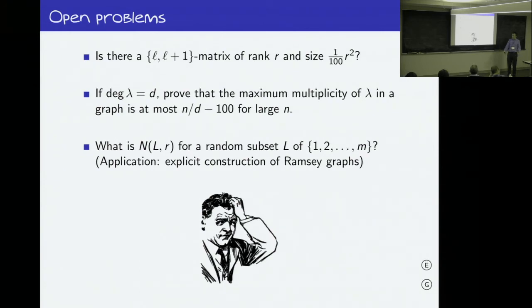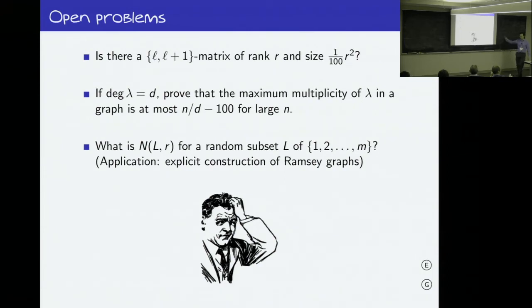If something like this were the best thing, you presumably should be able to get some somewhat explicit constructions of Ramsey graphs, the same way Frankl-Wilson got their constructions. Of course, it's not completely explicit because we need to enumerate over all subsets of size m.